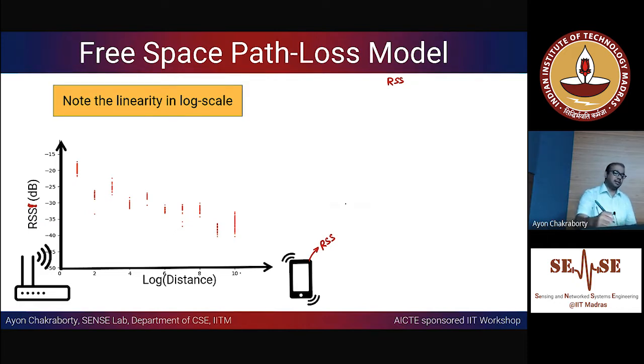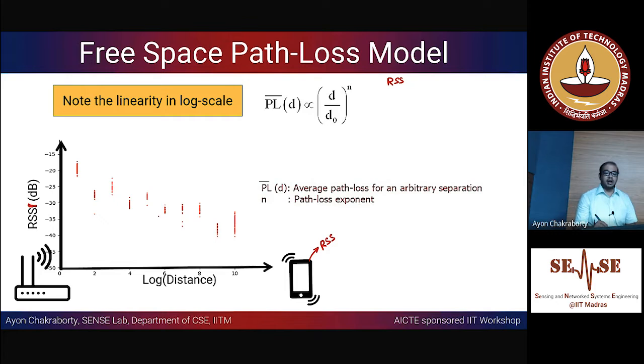This data has actually been collected in reality. We have done some experiments to collect this data. I am going to show you the demo soon, where the distance data was collected and we take the log of that, and there is some concrete theory behind that. Why can this be a linear equation? What is the linear equation for the received signal strength versus the logarithm of the distance?